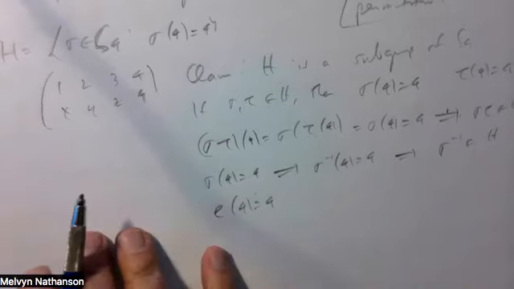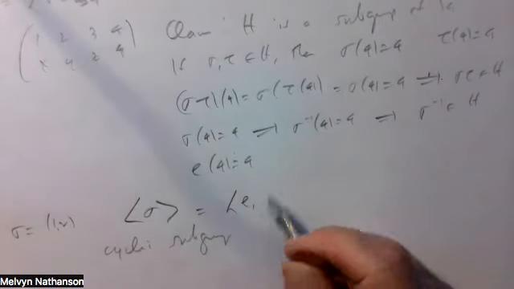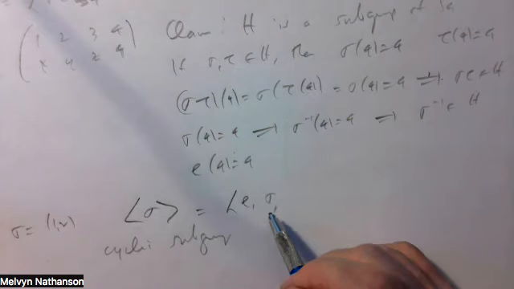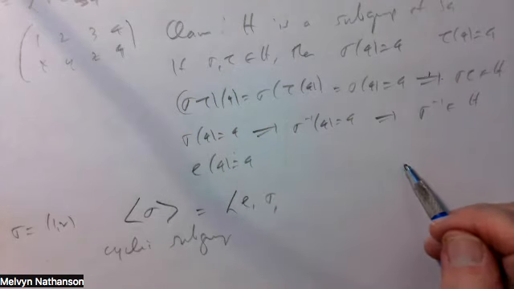Suppose in S4, I take the permutation sigma equal to just (1 2). What is the cyclic subgroup generated by sigma? So I have the identity, I have sigma, but what is sigma squared?